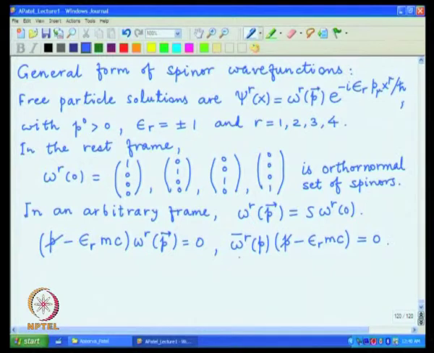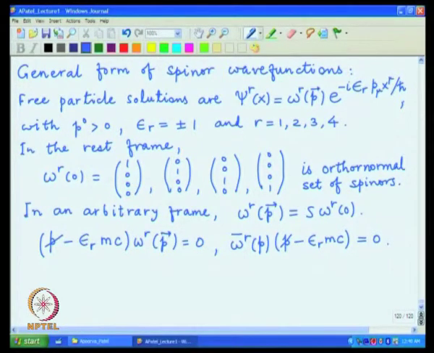The equation for omega dagger would not have such a simple form, and that is why it is much more convenient to deal with these objects omega bar. This can be also directly solved to obtain omega and omega bar if desired, but it is generally more convenient to start with a rest frame basis and apply the necessary boost or rotation transformation.